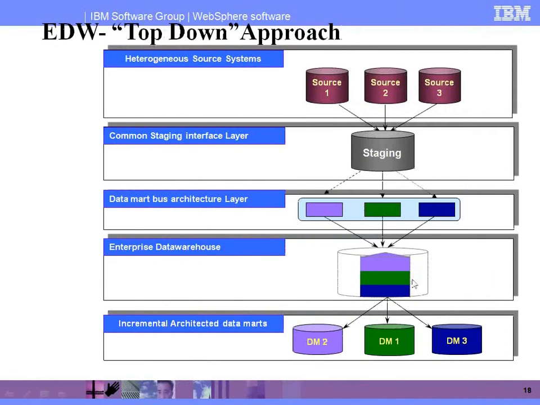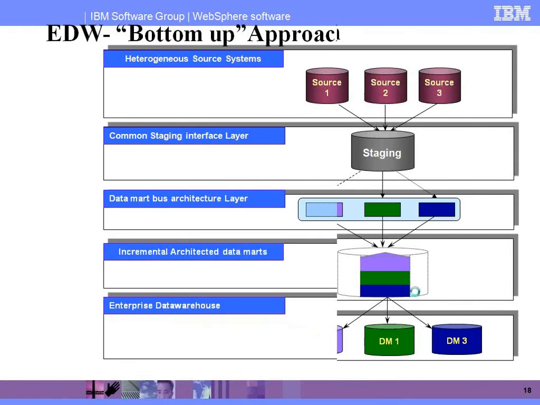The second type of approach is the bottom-up approach. What does bottom-up mean? In the bottom-up approach, we also get the data from heterogeneous sources and load it into the staging area. Once the data is loaded into staging, we create the different kinds of marts. This is not the actual physical mart; it creates a structure in the staging area database itself.